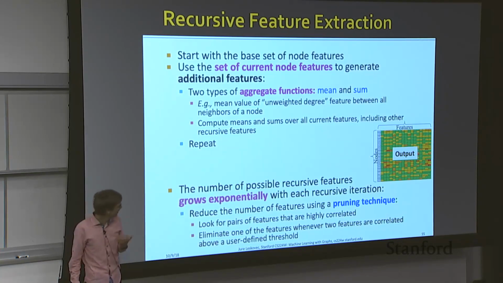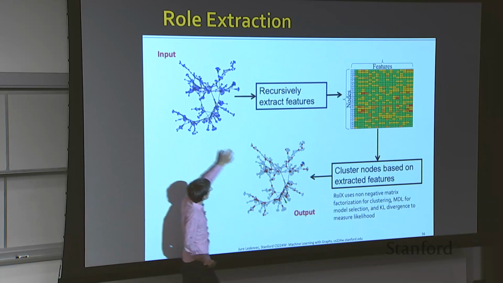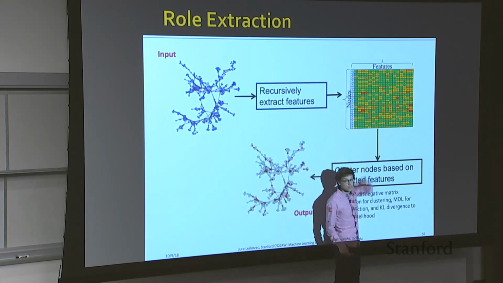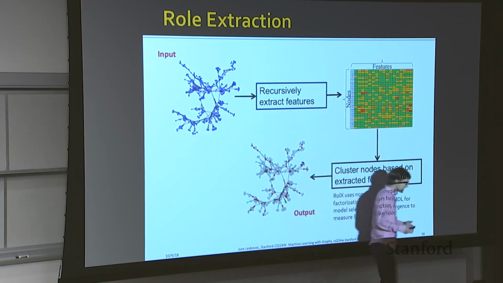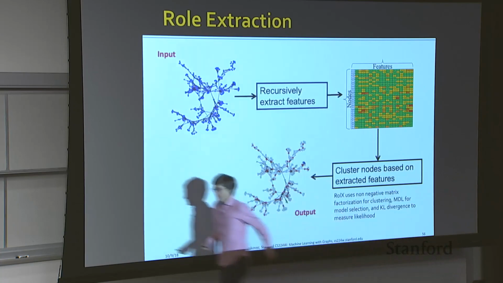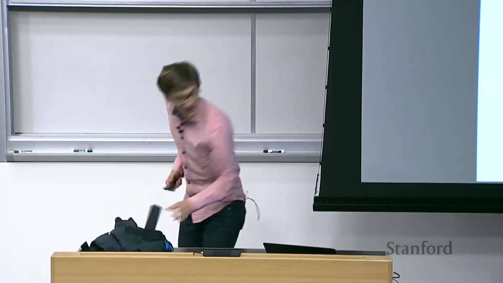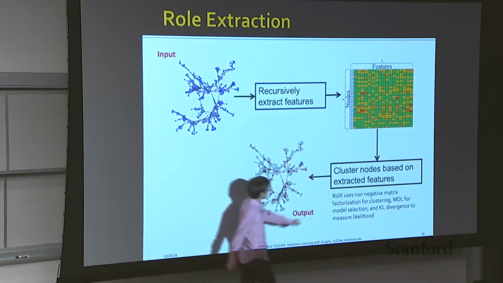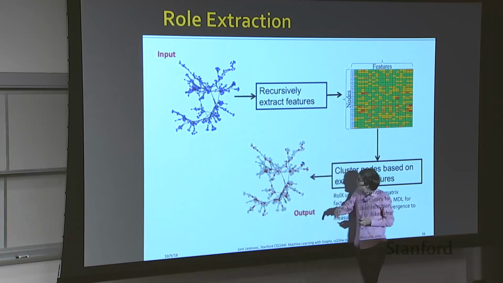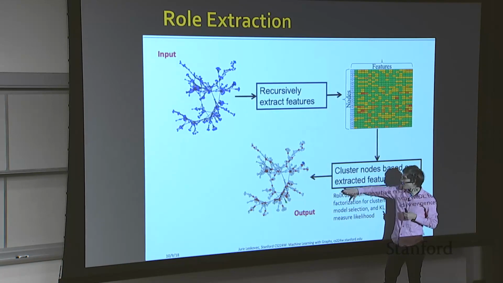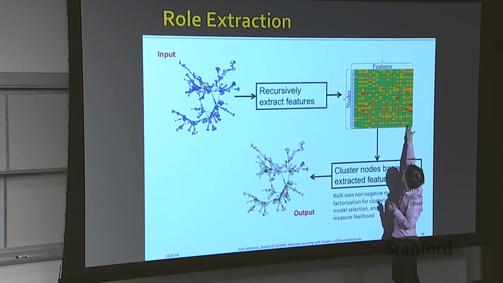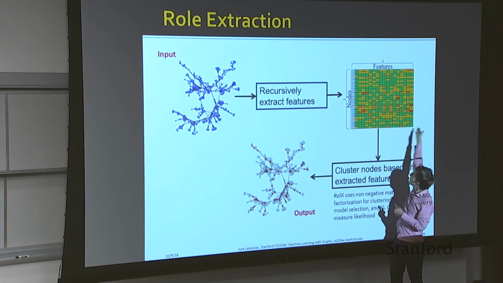So now what we have learned is how to take the network and apply the recursive feature extraction to get this node to feature matrix. And then, as the last step, what you can do is cluster these nodes based on the extracted features. You can use any clustering technique you like, where you define some kind of similarity between two nodes based on this feature description.